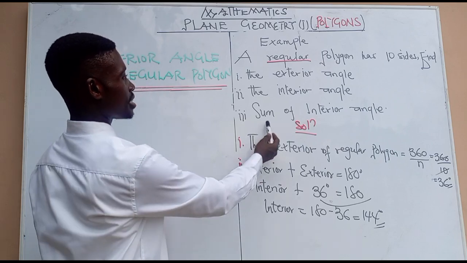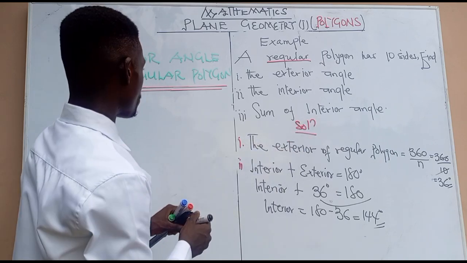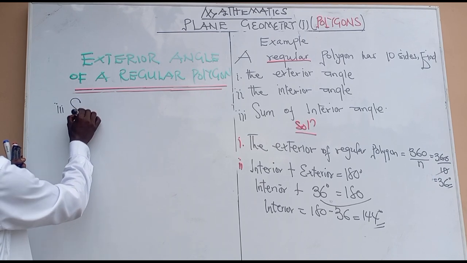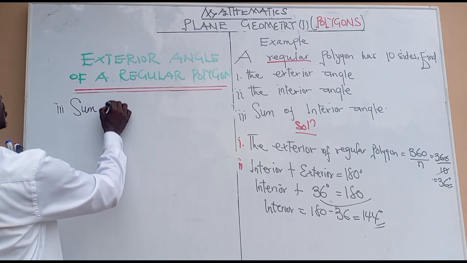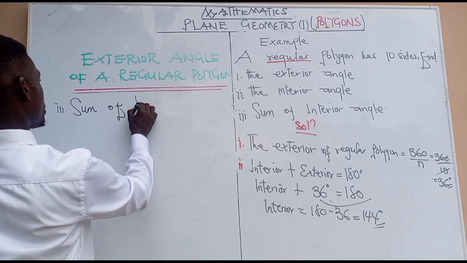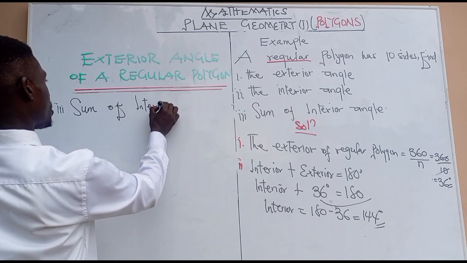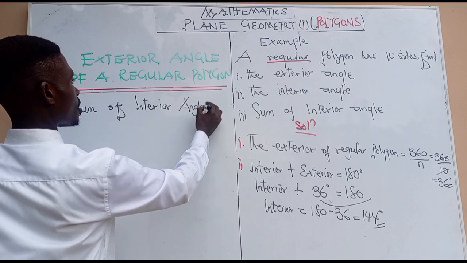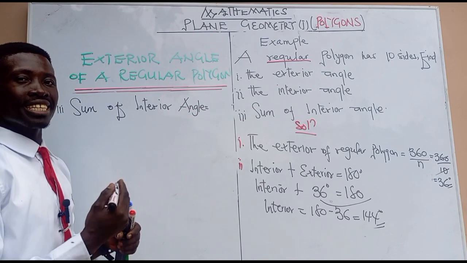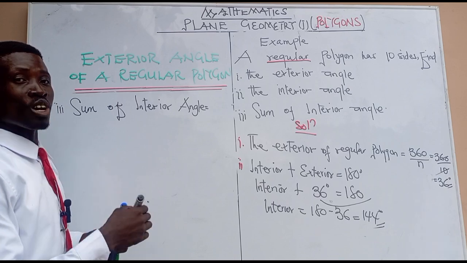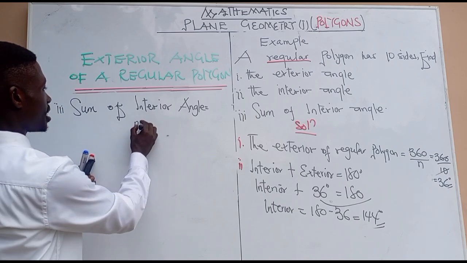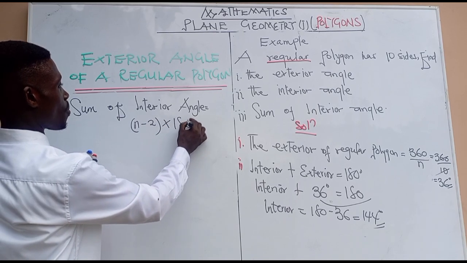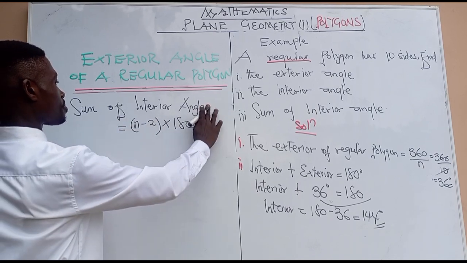So the last one is the sum of interior angles of the polygon. Now we have learned that the sum of interior angles of a polygon is given by n minus 2 times what? 180 degrees.